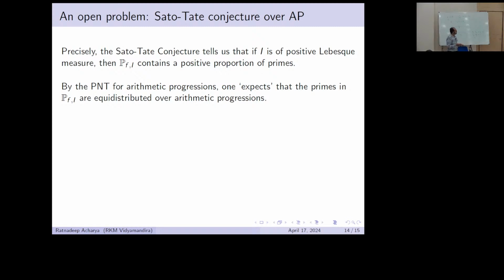In other words, the statement of the Sato-Tate conjecture is: consider the number of primes p up to X such that p belongs to this PFI.